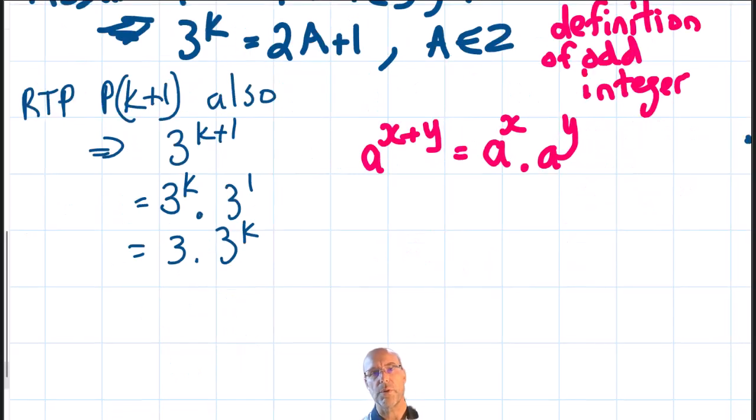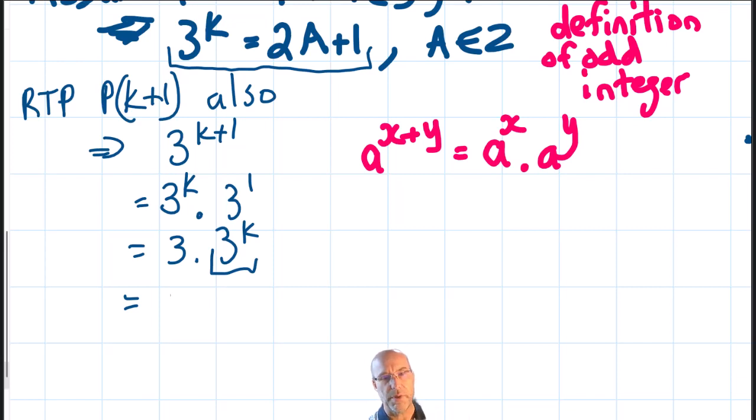We need to incorporate this identity up here. A bit like what we did with the sums, the series, but not in exactly the same way. But basically we need to incorporate 2a plus 1. Now 3 to the k is the same as 2a plus 1, that's assumed. So we use that assumption like we do in a number of our inductive proofs.